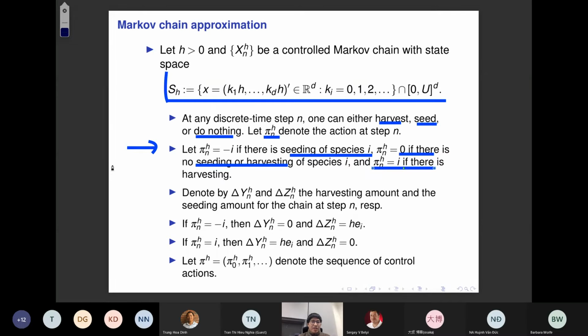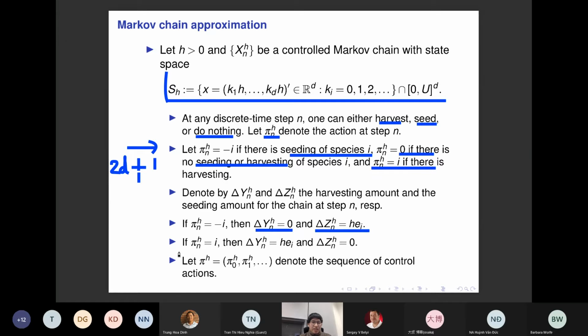So roughly speaking, we have 2d plus 1 options at each step. The amount we harvest and we seed at a specific step is h. So if we harvest species i, then we will harvest an amount of h, and we do not seed in that case.